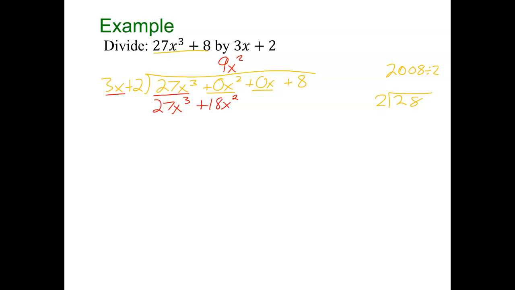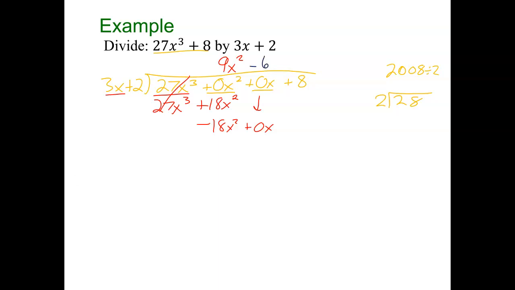And since there's no squared term in my original, I have to have the placeholder so I have something for the subtraction. So first term cancels. What's 0 minus 18? Negative 18. And then I bring down the 0x. Okay? And then repeat the process. Negative 18x squared divided by 3x.